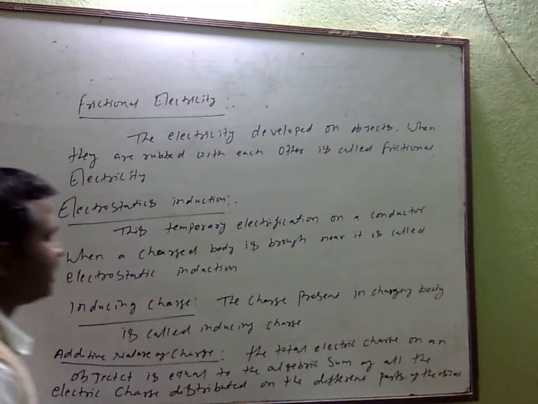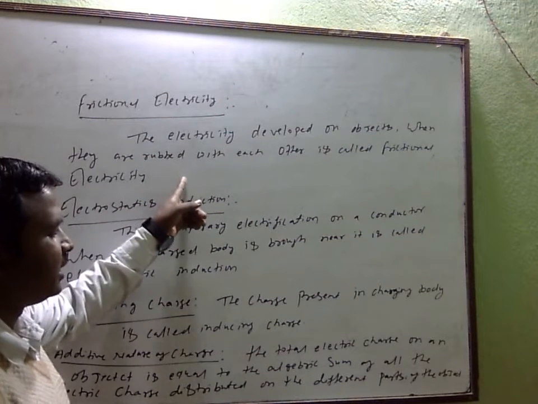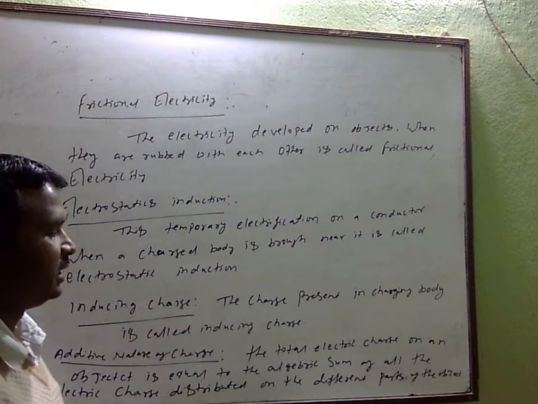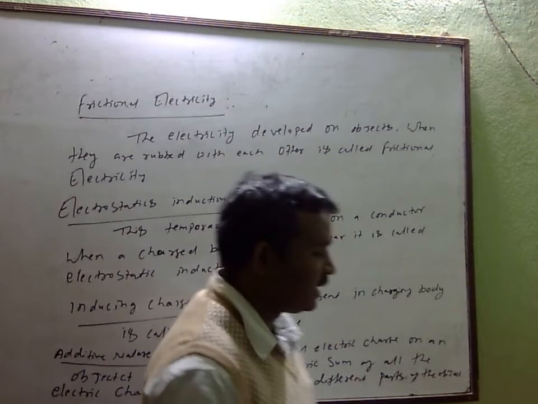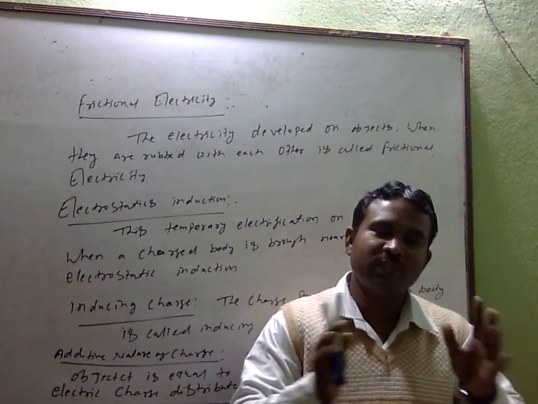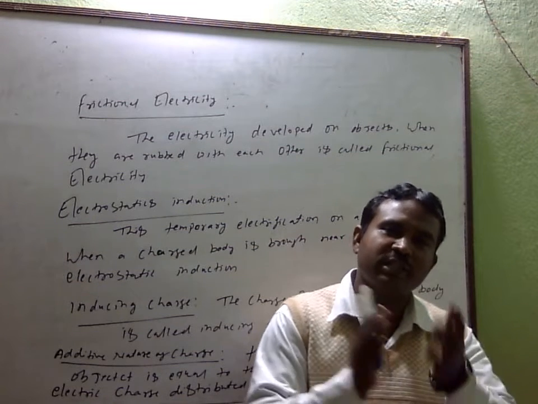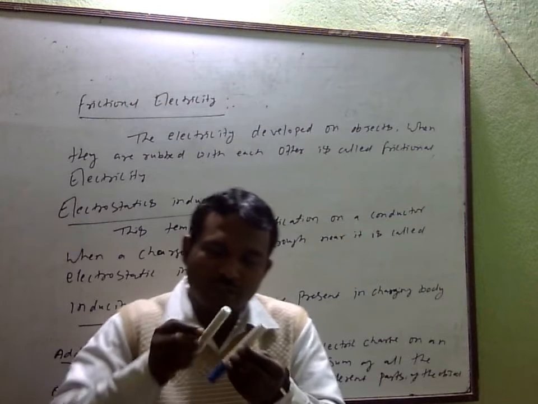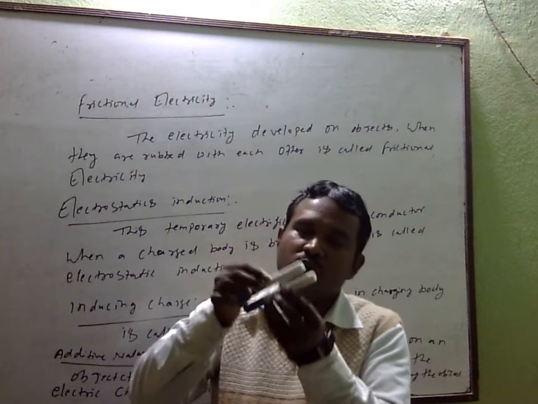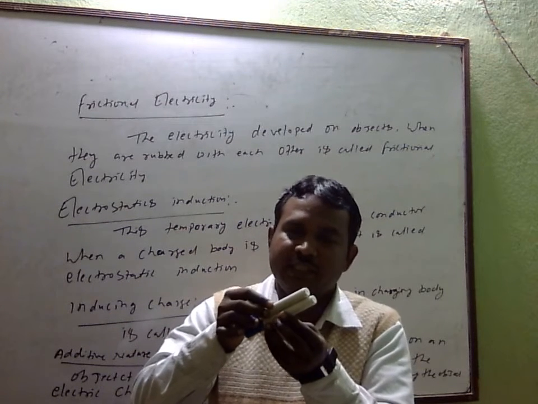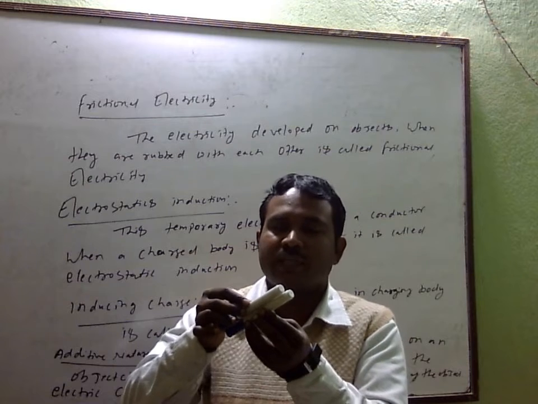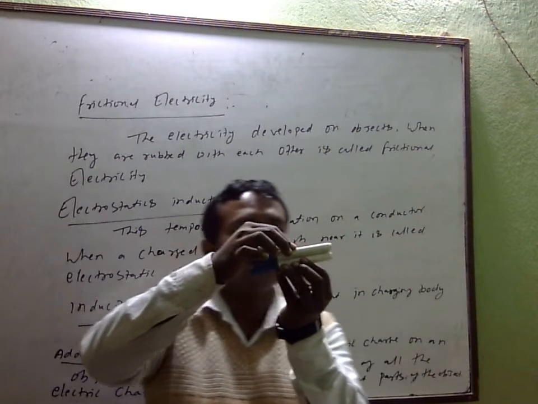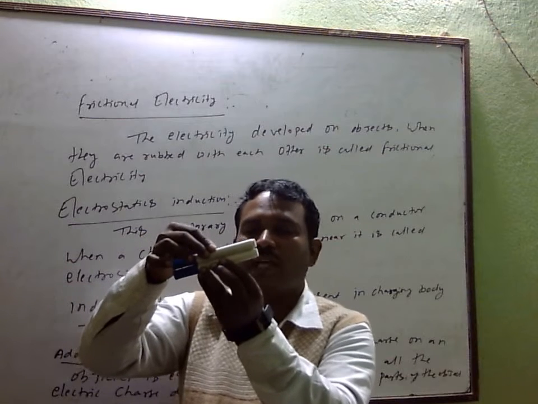I have written some terms. On the backside you can see there are small definitions, like frictional electricity. Can you see what frictional electricity is? What is friction? Friction means, suppose that there are two objects and both the objects are in contact with their faces.